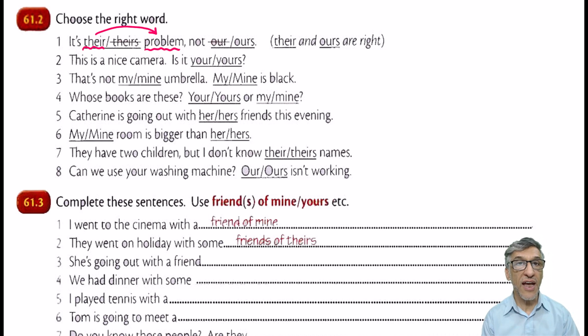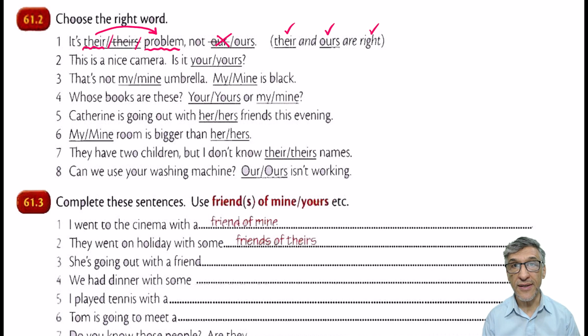But when we have a possessive pronoun, we do not need a noun. Here we have the noun. So we say, it's their problem, not ours. You say, their and ours are right.